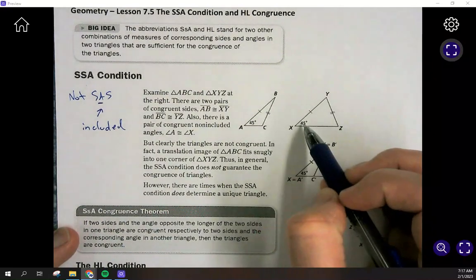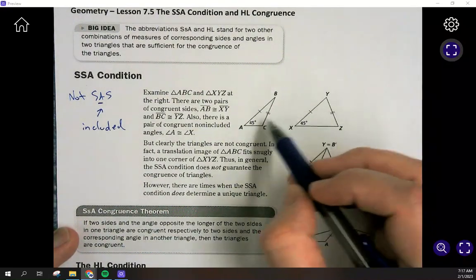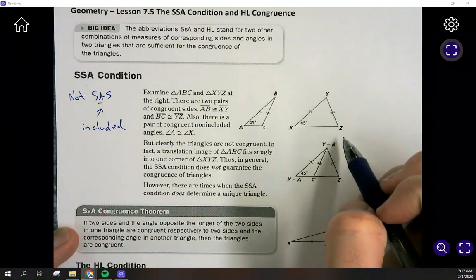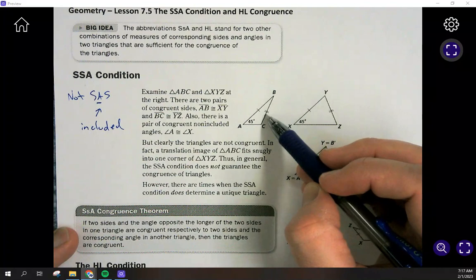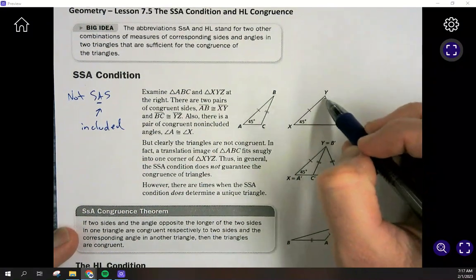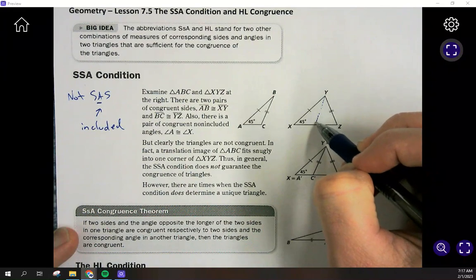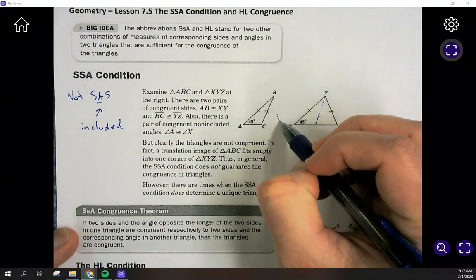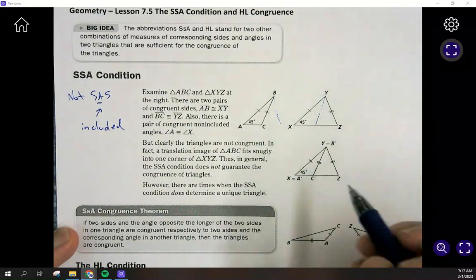You've got the equal 45. You've got this equal side, AB equals XY. And BC also equals YZ. So you can see if I swing this in, I can then swing that out, and it looks like this. So if I draw this right here, that's showing you what BC is. Or if I extended it this way, that's showing you what YZ is right there.